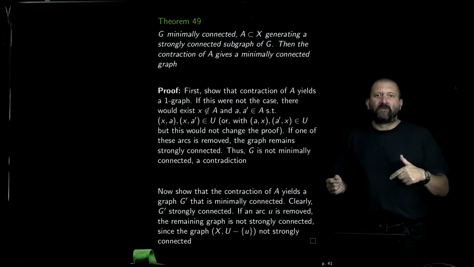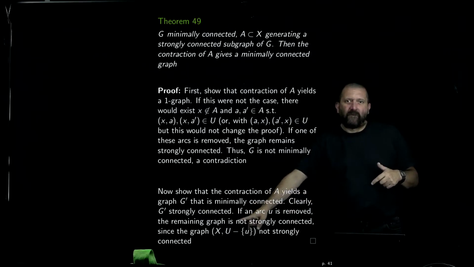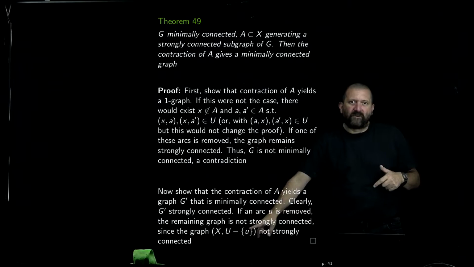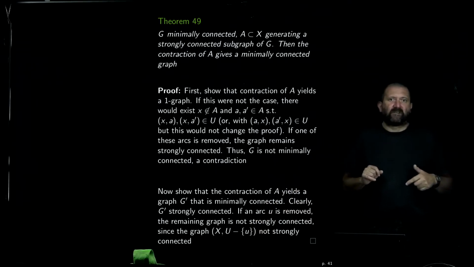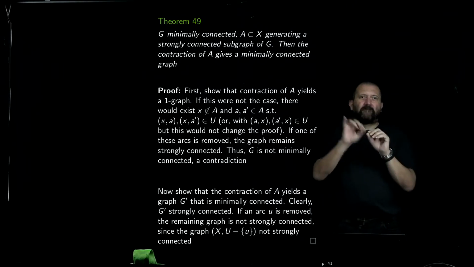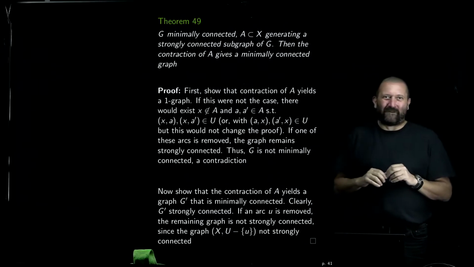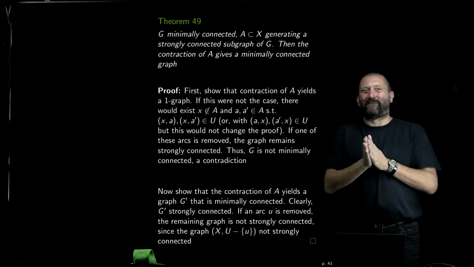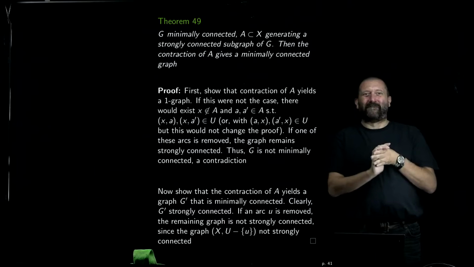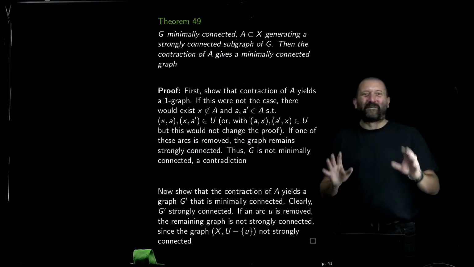And if I remove an arc U, then I lose strong connectedness, because the graph in which I've removed that arc U is not strongly connected. Again, draw yourself little pictures. I'm not going to do so here because I'm thinking these things would make interesting exercises to look at. Okay, but we will see.